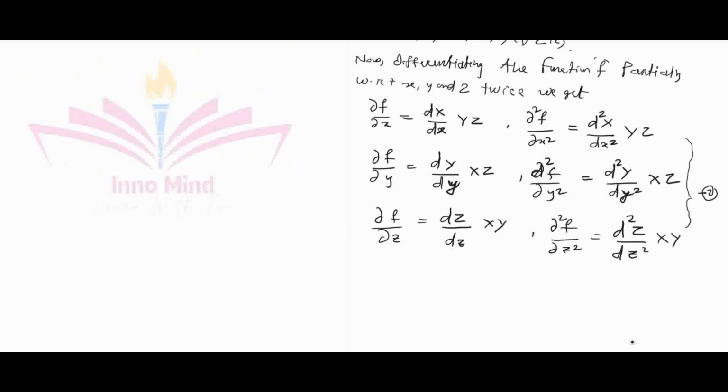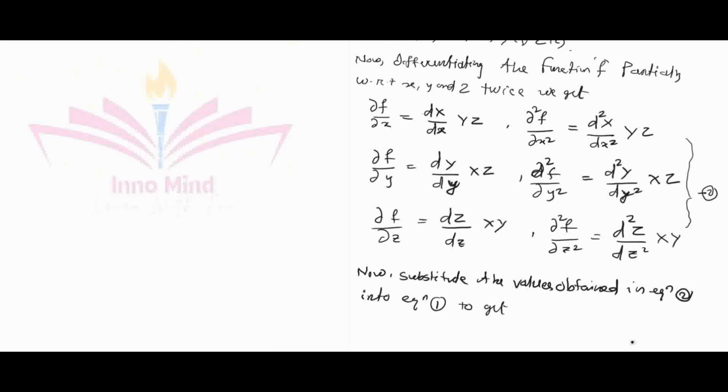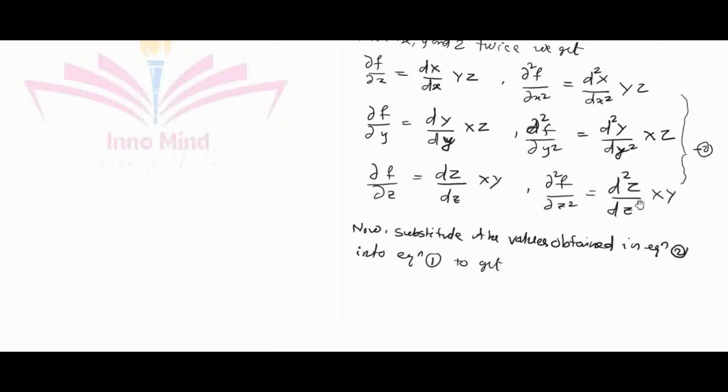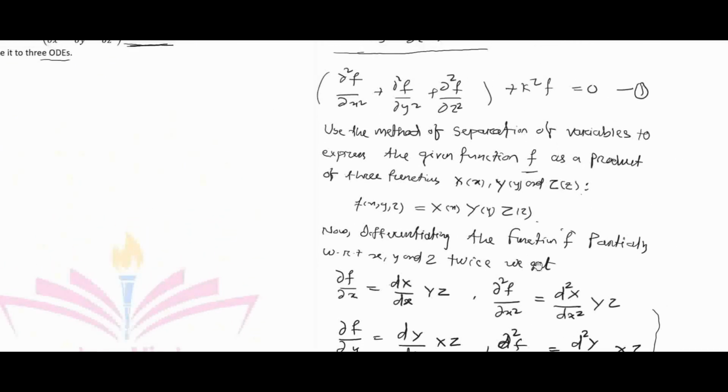Now substitute the values that we have obtained in equation number 2 into equation number 1. All the double derivative values we have to write here, and k square f we keep as it is.